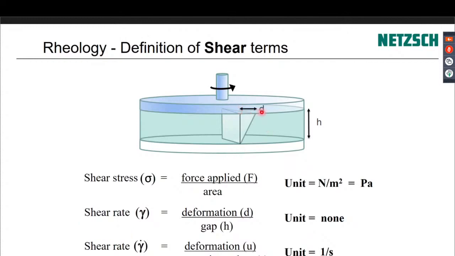So the strain is deformation over the height, and shear rate would be the number of strains per second, or deformation over the gap times the time taken. So if it keeps on flowing, then we have a shear rate, and you could define a number of strains per second. And so it has the unit of strain divided by seconds of time, so you have reciprocal seconds.